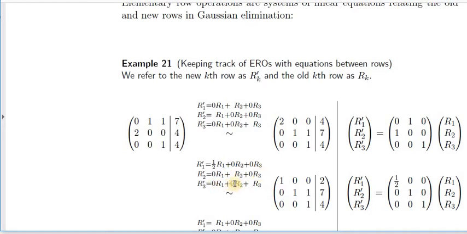R3 prime equals 0R1 plus 0R2 plus R3. Now again, this looks like a system of linear equations where R1 prime, R2 prime, R3 prime is expressed in terms of R1, R2, R3. And I can write this matrix of coefficients this way. So again, this ERO corresponds to multiplication by this matrix.